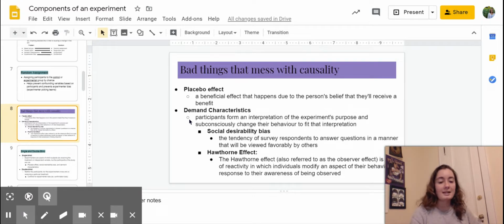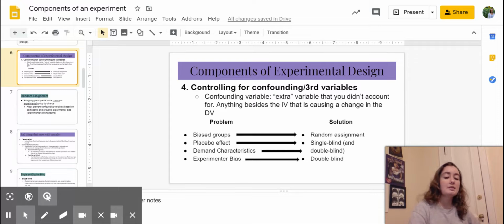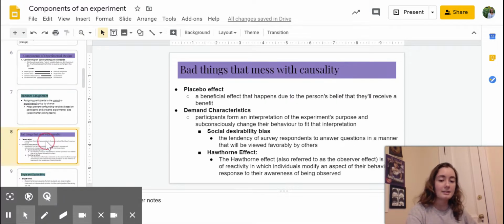You don't want to answer your personality quiz saying that you hate people. You want to look good. Hawthorne effect is when people know they're being watched. So again, you're going to behave better when your manager or boss is watching over you, and behave differently because you know you're being observed and try to please them. So these are things that all mess with causality. And like I said, doing things like random assignment, single, double blind, all can help prevent these things.